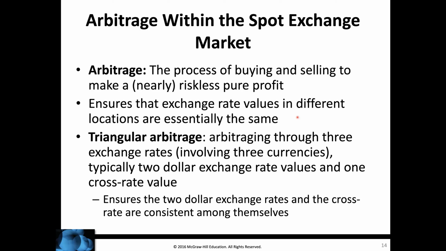Triangle arbitrage is arbitraging through three exchange rates. So it's going to involve three currencies, typically two exchange rate values and one cross rate value. So this ensures the two exchange rates and the cross rate are consistent amongst themselves. Arbitrage does not last long. When there's a mispricing in the market, arbitrageurs, they're the ones who take advantage and make the profit, hopefully.